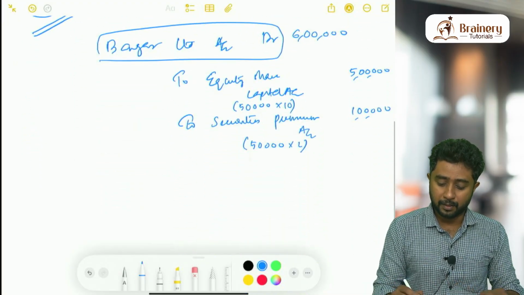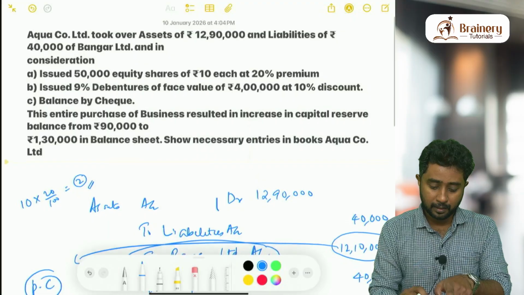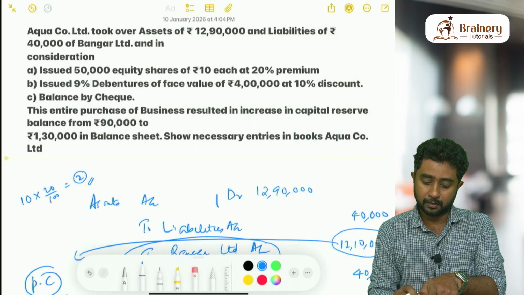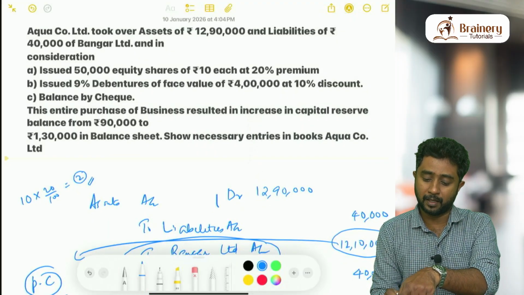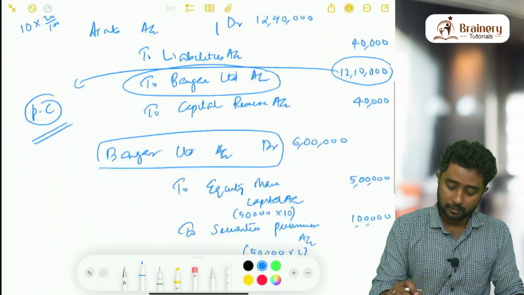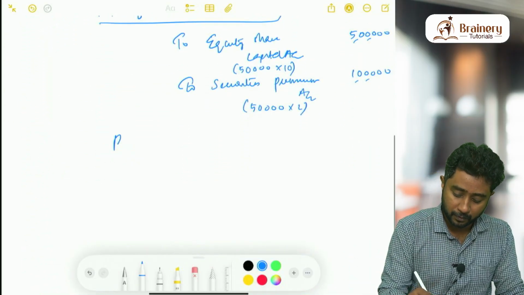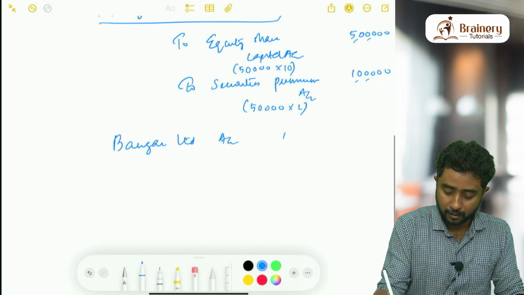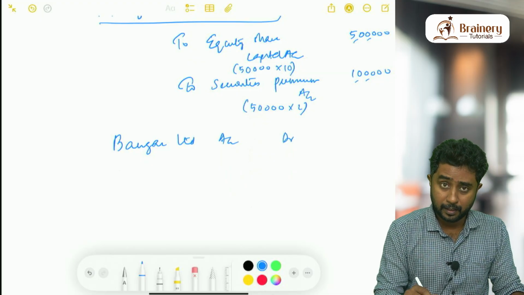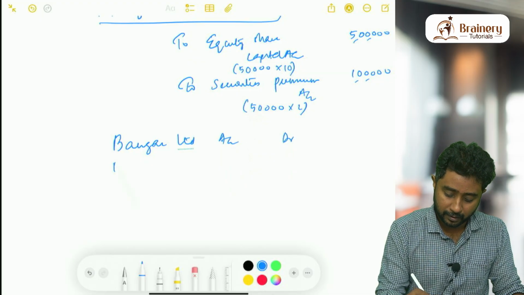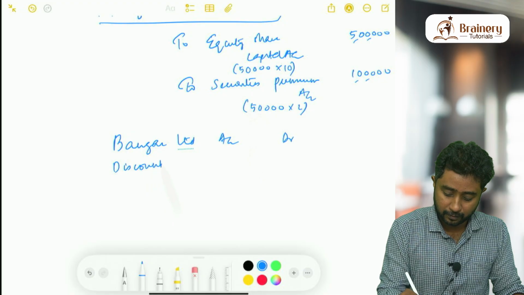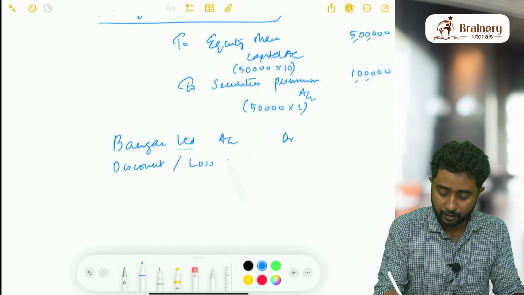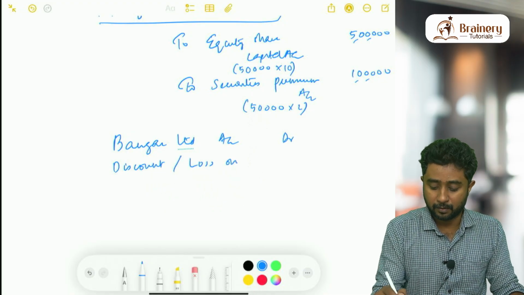Now we are going to the next entry where they are paying issued 9% debentures of face value of rupees 4 lakhs at 10% discount. So how to pass that entry? Again Bangar Limited account debit, they are saying discount is there. So obviously we can write either discount, or normally we are familiar with discount.